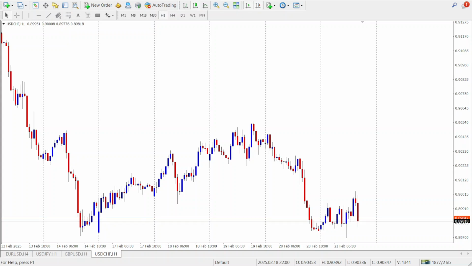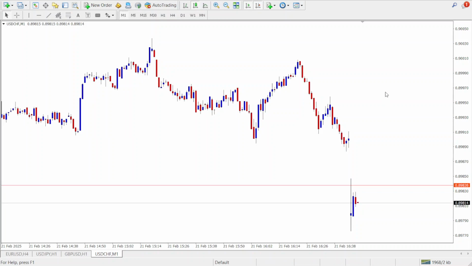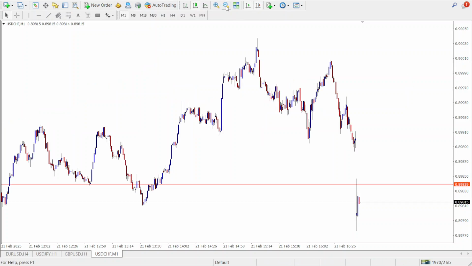If you have been struggling with identifying trends, filtering out false signals, or executing quick scalping trades, then this strategy will give you a structured approach to trading the 1 minute time frame efficiently.